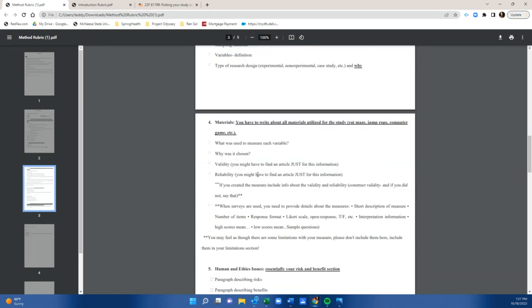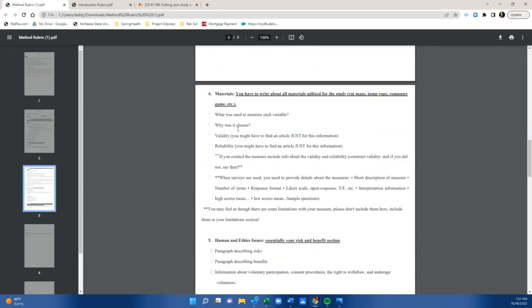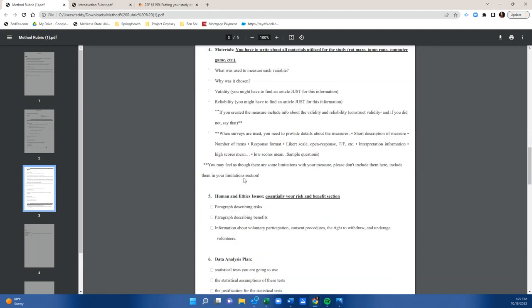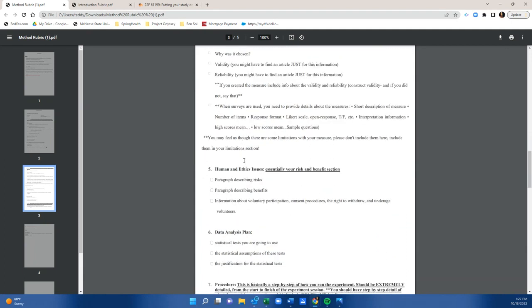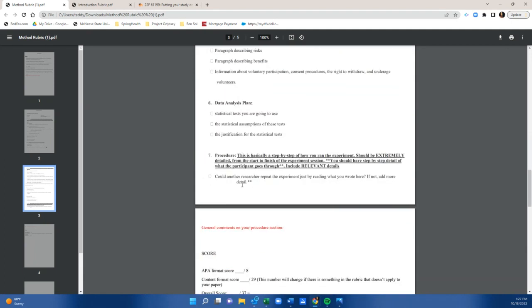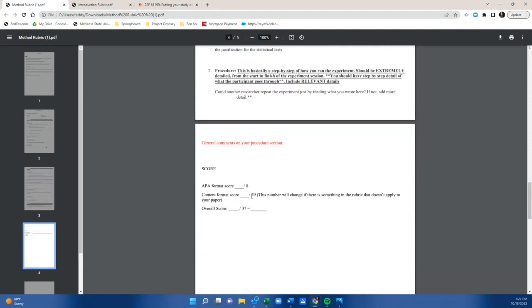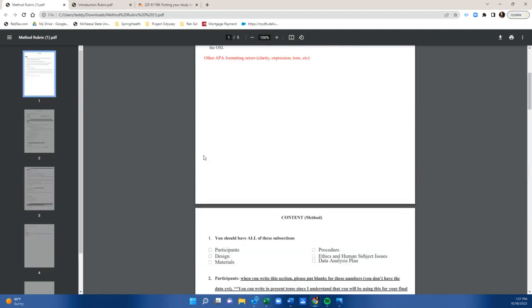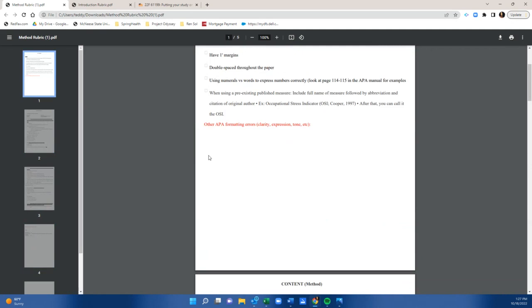Everything else is literally from the notes. There's nothing in here that I included that was not in the notes. It's coming straight from the notes. So if you do have any questions about your score, I always put a feedback file in your graded section as well.